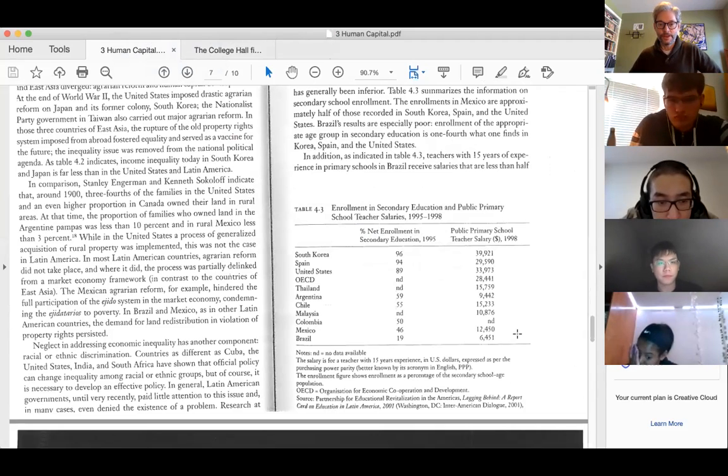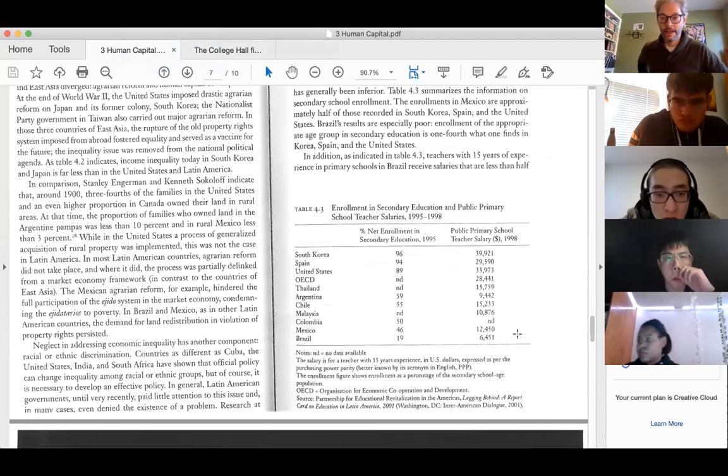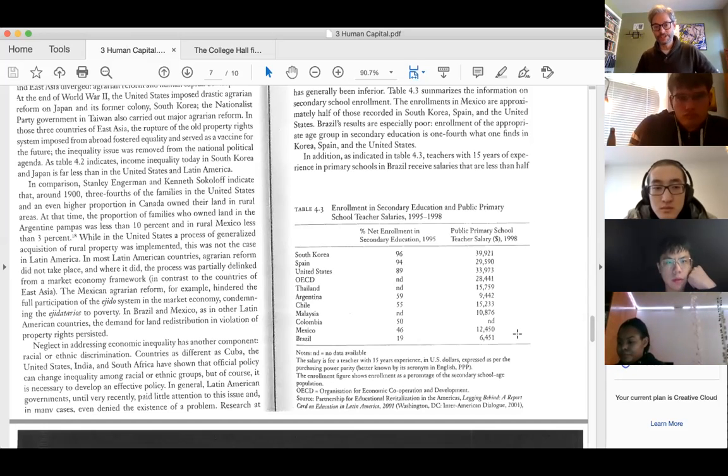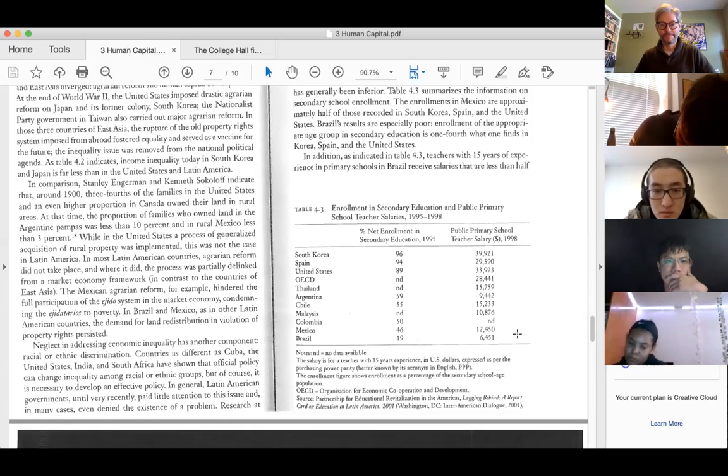You'll see that countries that have high enrollment also tend to pay high teacher salaries. What is this telling us? This is telling us that a lot of kids don't go to school because they simply don't have good teachers. The quality of the education is not enough to get them to go to school. Down here in Brazil, where they have 10%, 20% secondary school enrollment, at least in 1995, you look at their primary school teachers, and they weren't being paid very much.